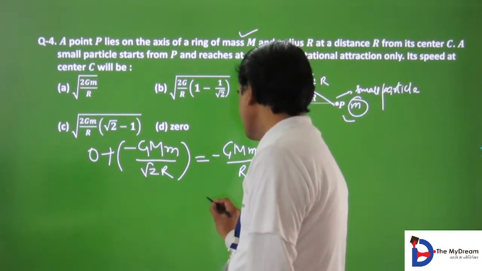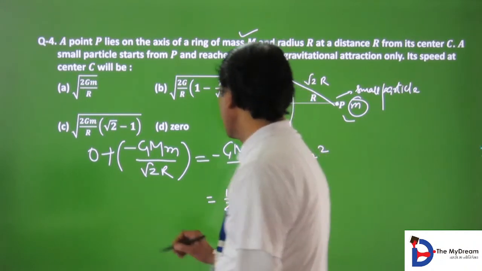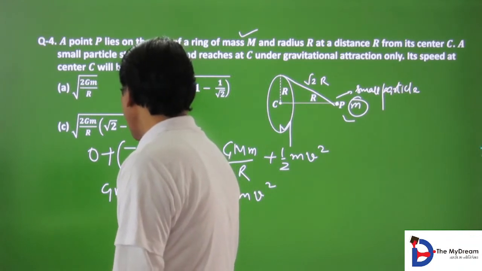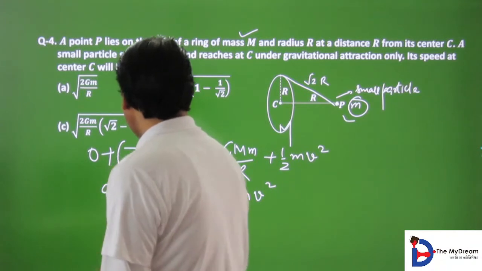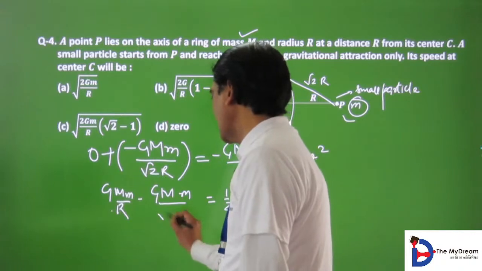So half mv square is G capital M small m by R minus G capital M small m by root 2r.